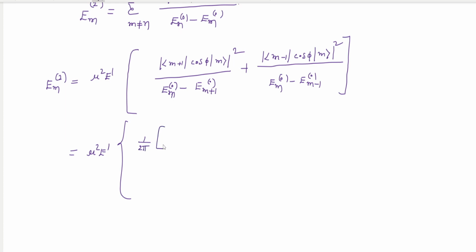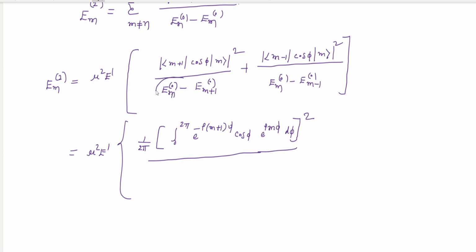The remaining portion is the integral 0 to 2 pi, of the term e power minus I (m plus 1) phi and cos phi e power I m phi d phi. This is squared because of the modulus square, divided by the energy difference we already discussed in the previous class.